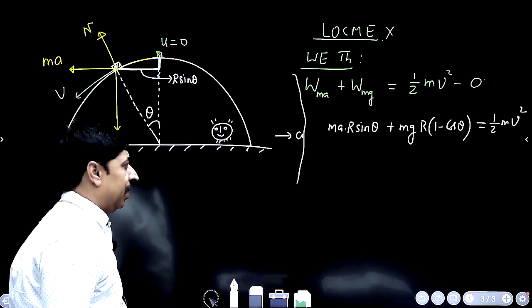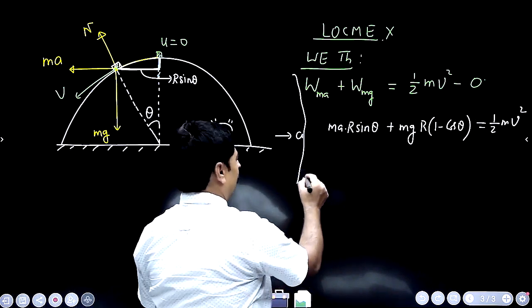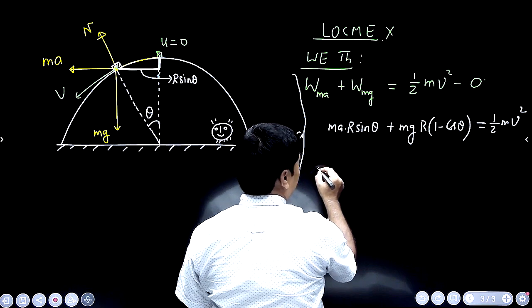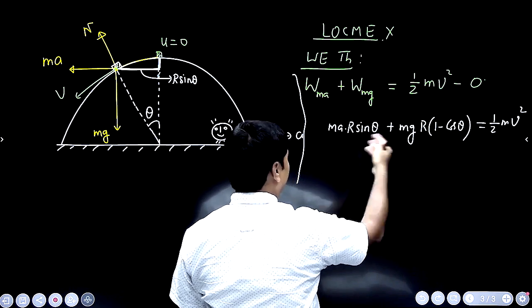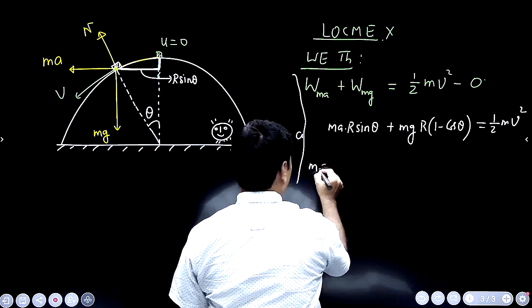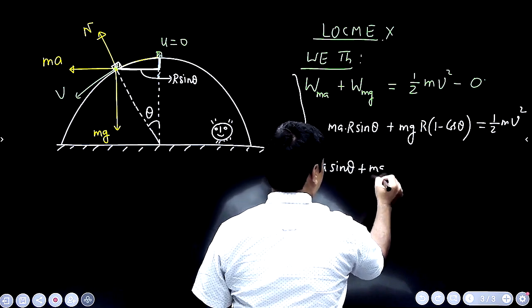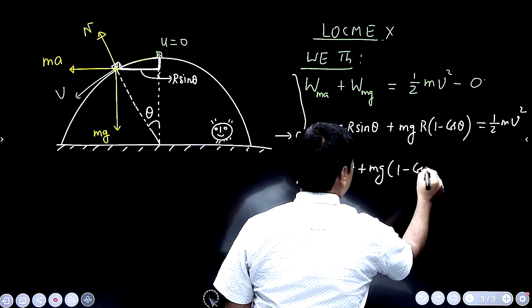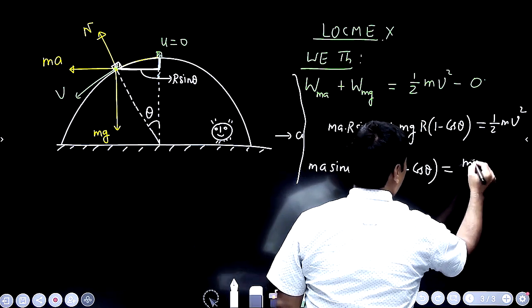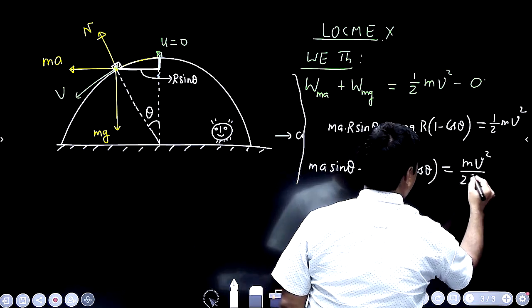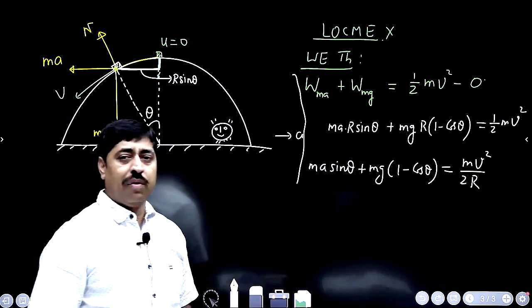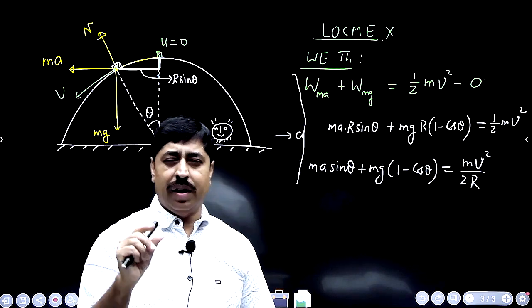Let me simplify this a little bit. I am writing it like this, mv square by r. I am dividing this by r. So, this becomes ma sin theta plus mg into 1 minus cos theta is mv square by 2r. Now, it is given in the question that theta is very small.